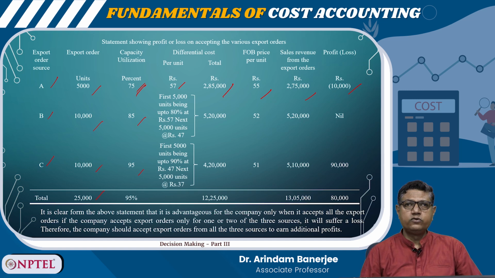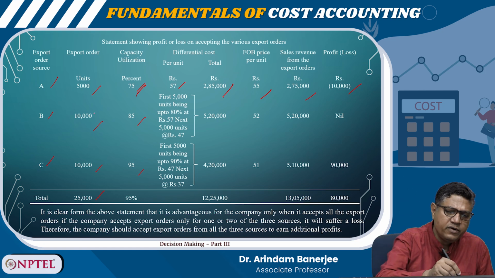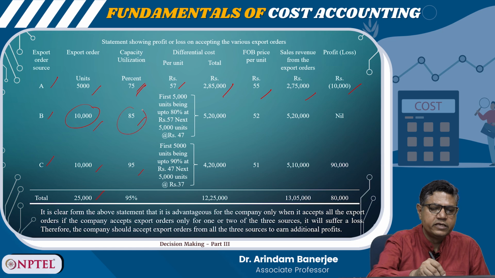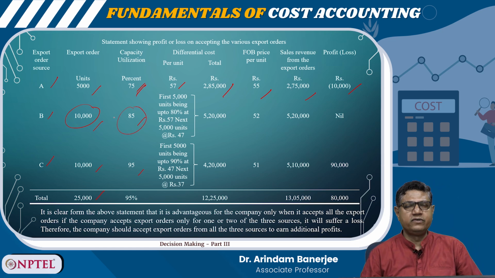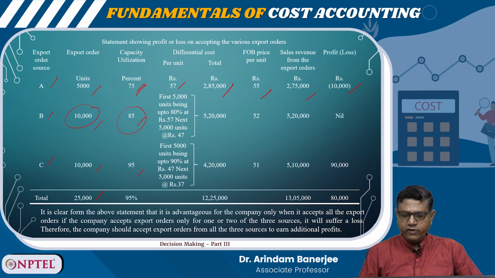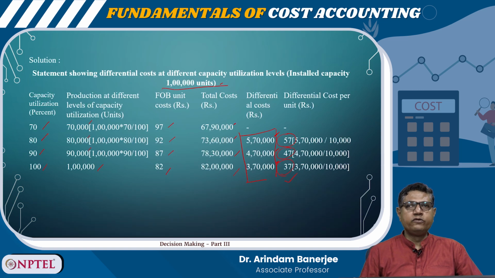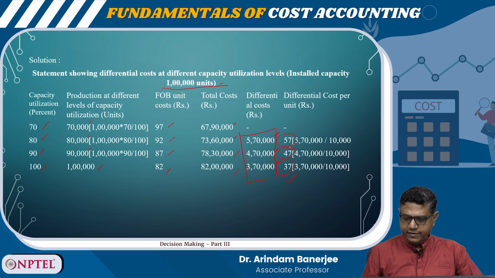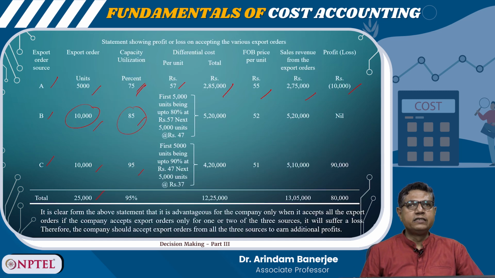For export order source B, the number of units is now 10,000, right, and then the capacity utilization will go up to 85%. So, the first 5,000 units, up to 80%, are at 57, and the next 5,000 units will go at the rate of 47, which we calculated here, right.